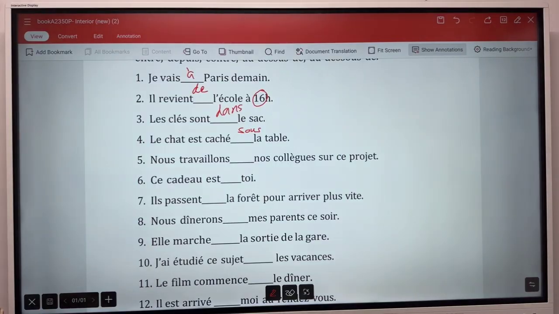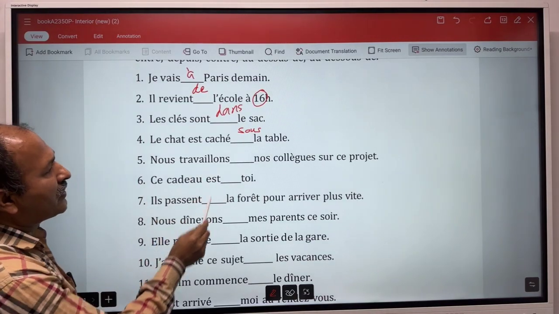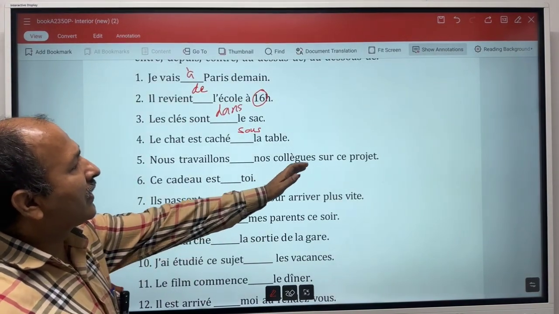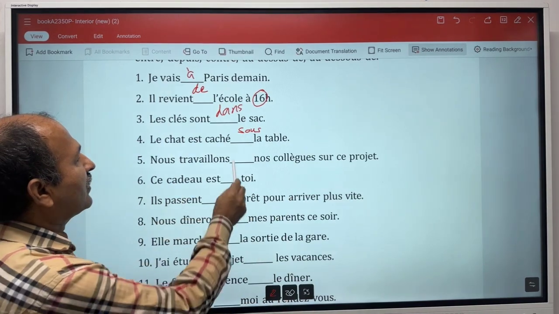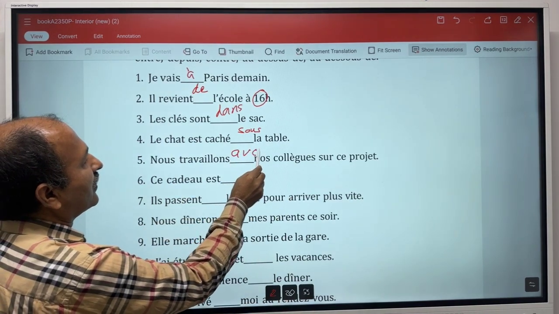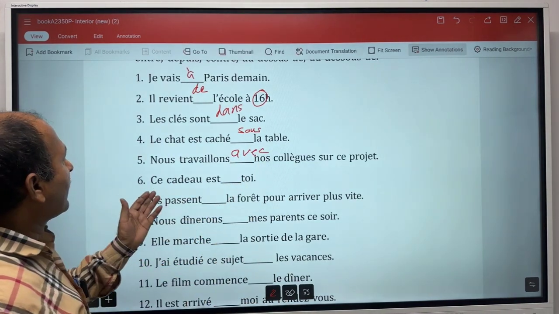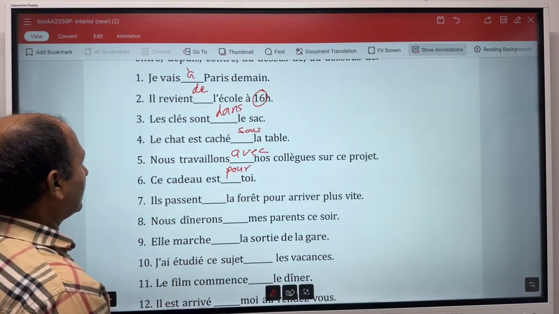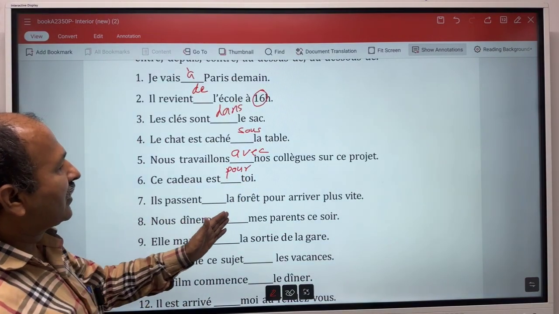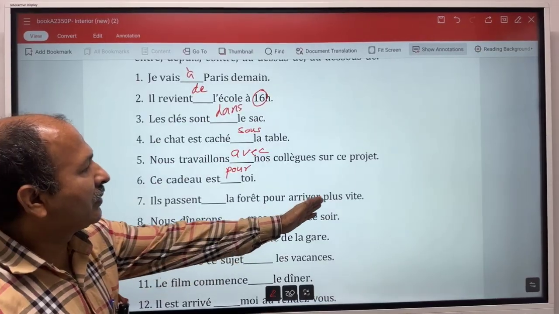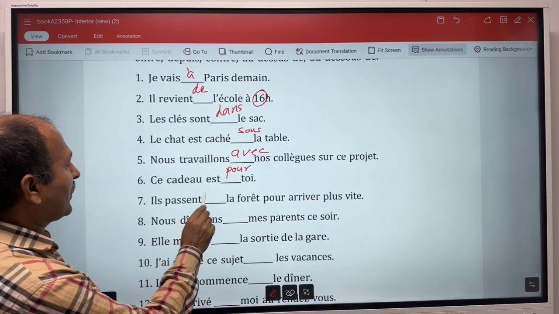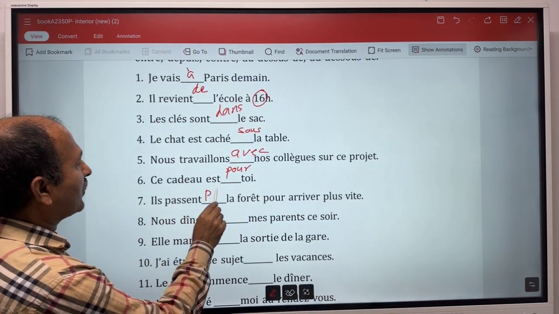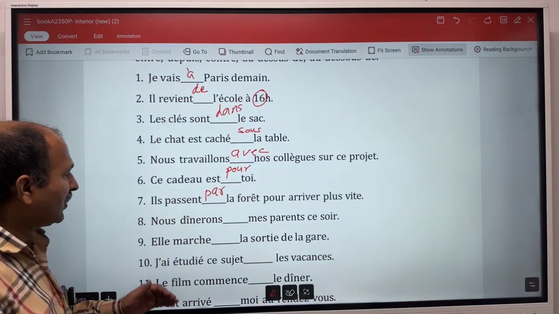Other possibilities are also there. Nous travaillons avec nos collègues sur ce projet. Avec, with our colleague. Ce cadeau est pour toi. Il passe par la forêt pour arriver plus vite. He passes through. So, through is par.